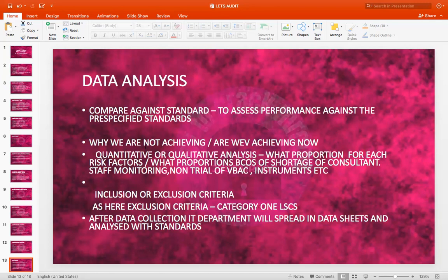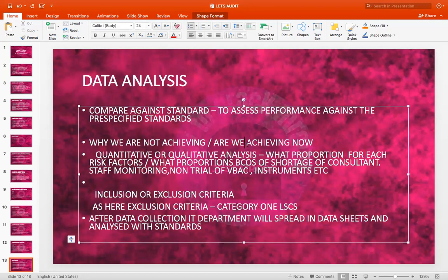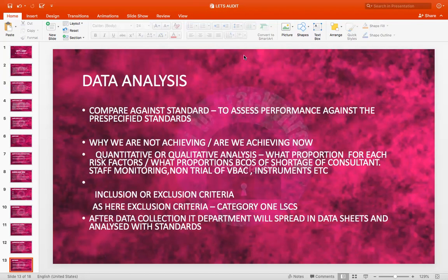Now, how are we going to compare this? Why are we not achieving it? Are we achieving it now, if it is a second audit or re-audit, or why are we not achieving? It means why am I not able to make potato curry like my mother-in-law? Probably I did not fry it properly. I tried to make it early and did not fry it properly, so it is not tasting like my mother-in-law's potato curry.